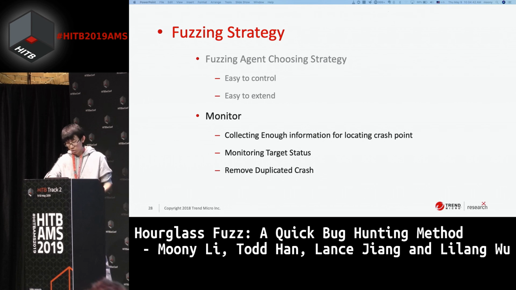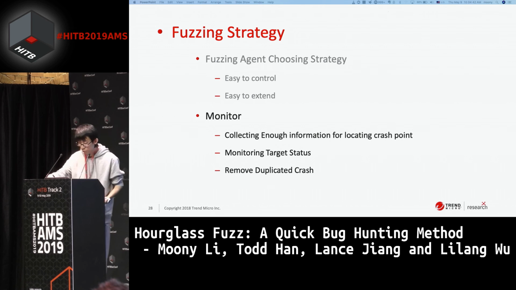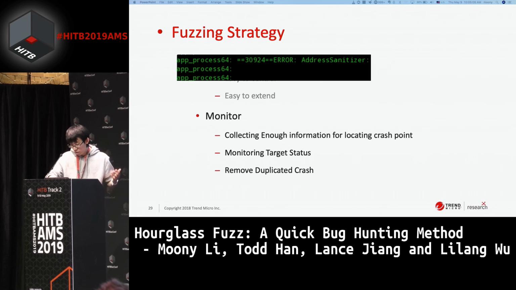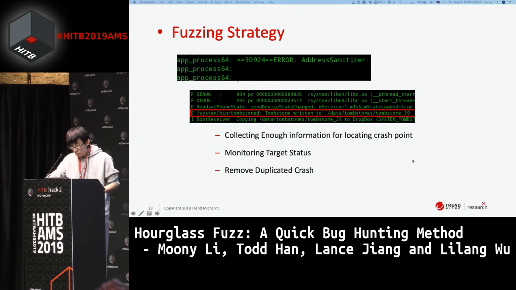Also, thanks to the Android Debug Bridge daemon, for user-space fuzzing, the log provided by ADBD is enough for us to collect logs that are caused by ASan. And simply, as you can see, all lines begin with this and end with this. We just trace these two lines, and we will get all the logs about one crash.